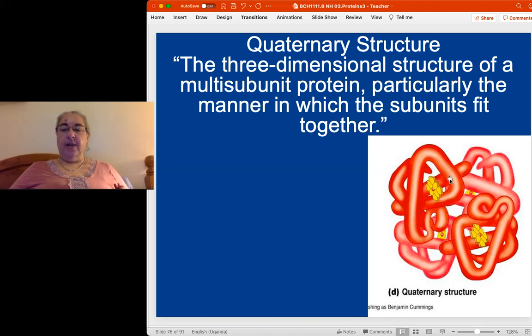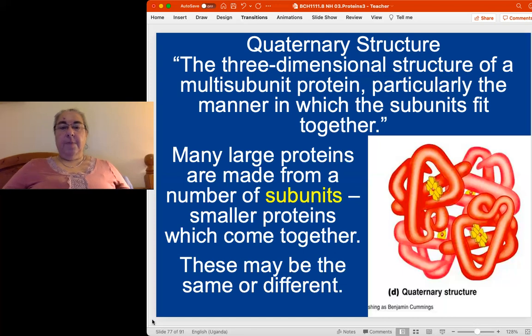Okay, so the quaternary structure is the way in which those subunits fit together, and also other things which are fitted into that protein. So this is the heme group. Okay, we'll talk more about that in a minute. So many large proteins are made from a number of smaller subunits, smaller proteins which have come together.